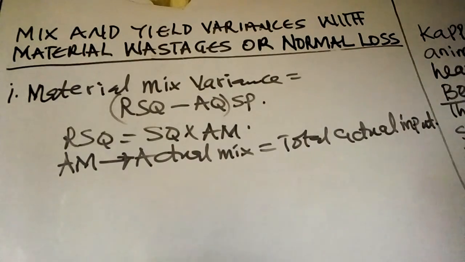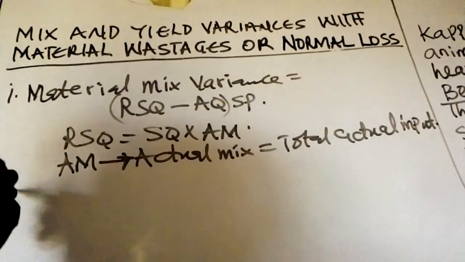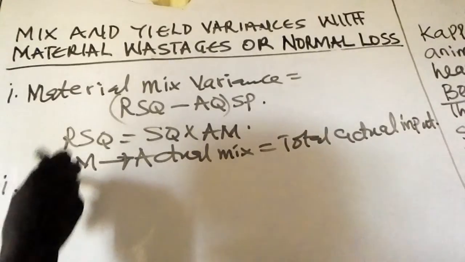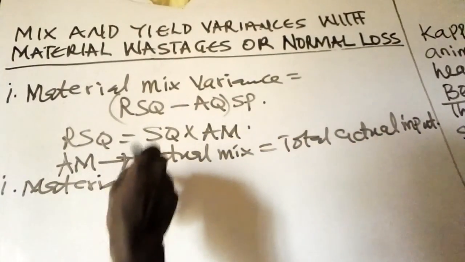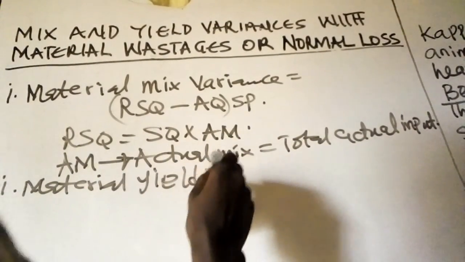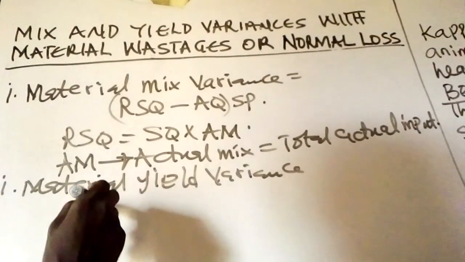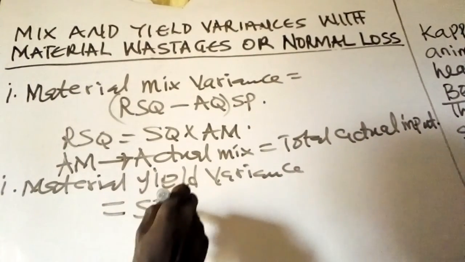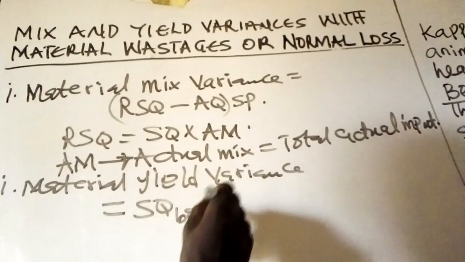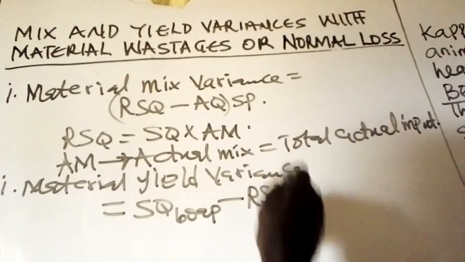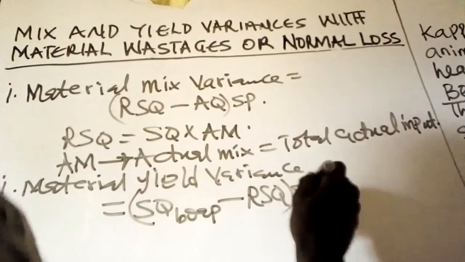And material yield variance is equal to the standard quantity based on actual production minus the revised standard quantity, multiplied by the standard price.